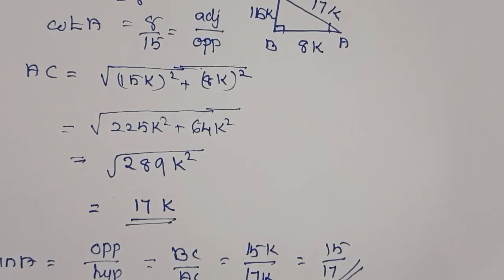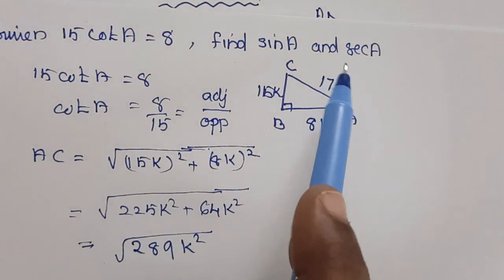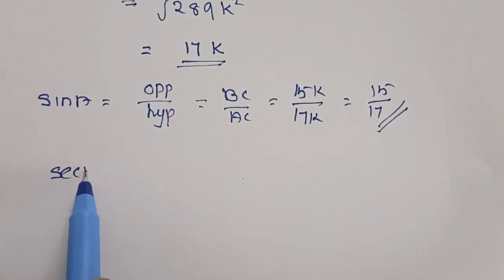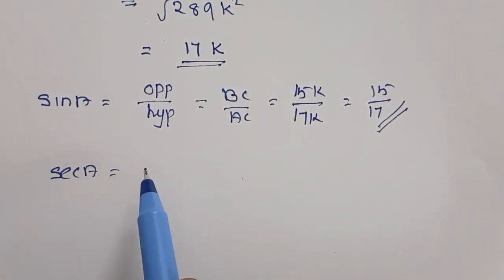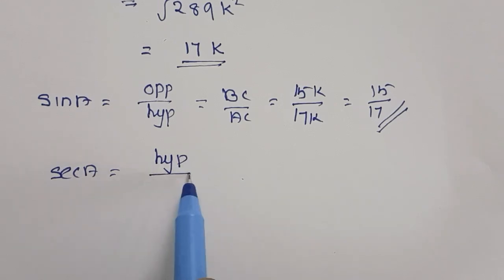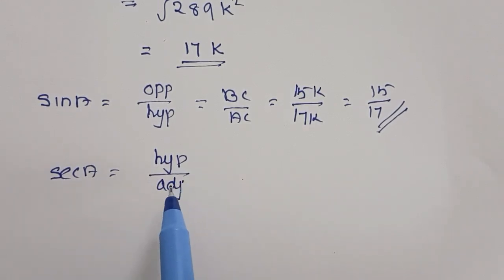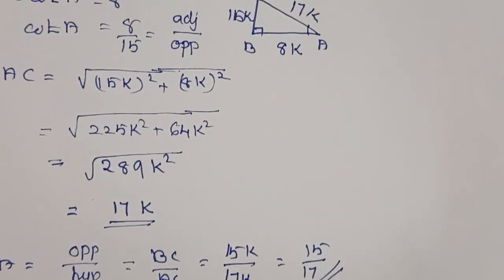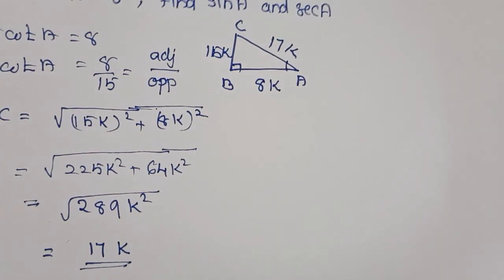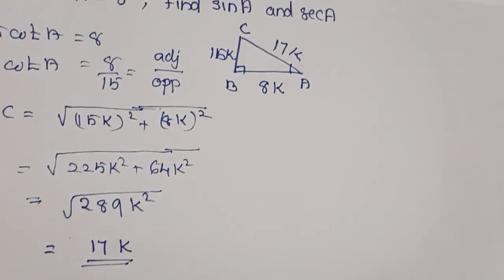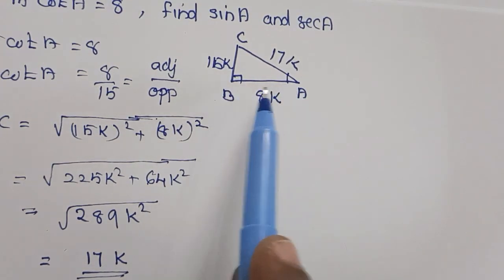Next we have to find sec A. Sec A means reciprocal of cos A. Cos A equal to adjacent by hypotenuse. Therefore, sec equal to hypotenuse divided by adjacent. Hypotenuse equal to AC, so it is AC divided by adjacent of A. Adjacent of A is AB, isn't it?